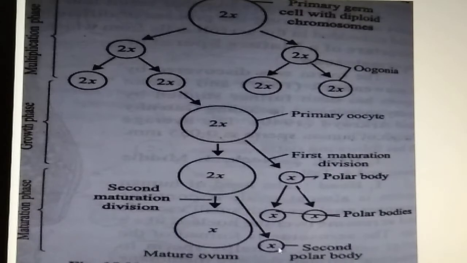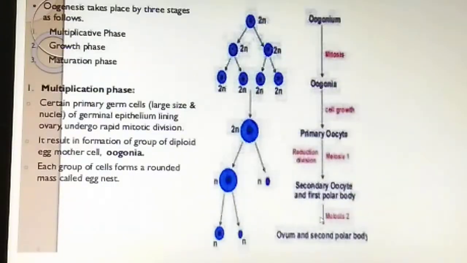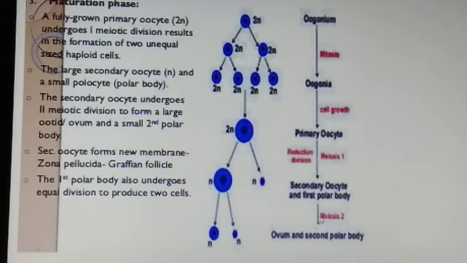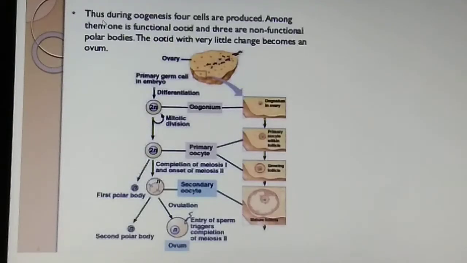So there are a total of 3 polar bodies now. Is this clear to each one of you students? Now what happens? Thus during oogenesis, 4 cells are produced. Among them, 1 is functional, that is the ovum, and 3 are non-functional, that are the polar bodies. Fine. So this ootid, with very little change, becomes an ovum.